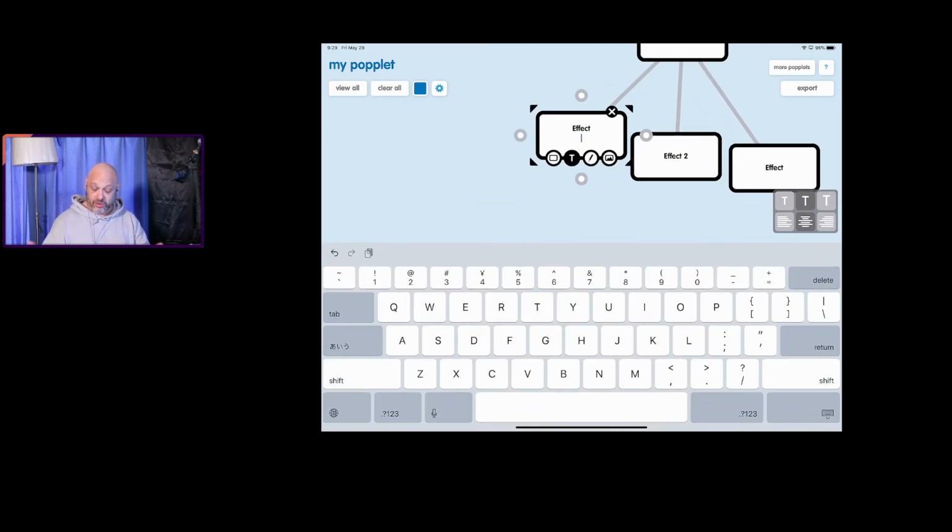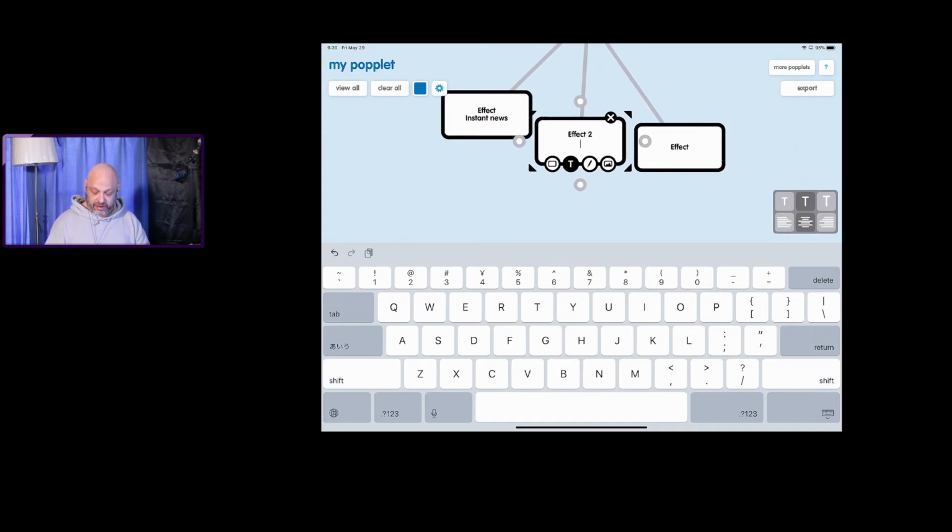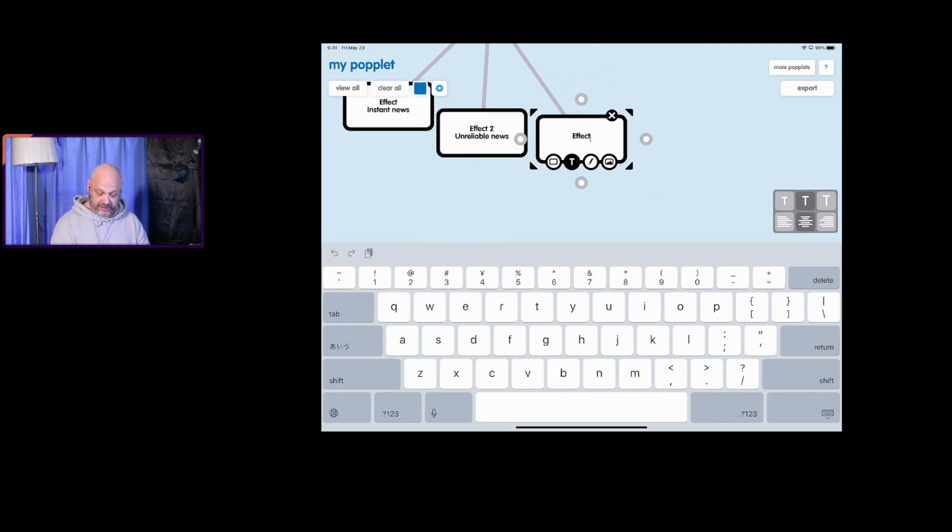Could be positive effects, could be negative effects. Positive effect is instant news. Other effect is unreliable news.